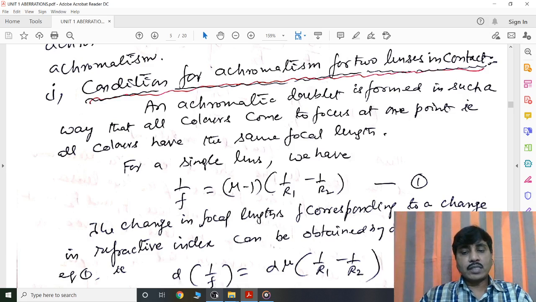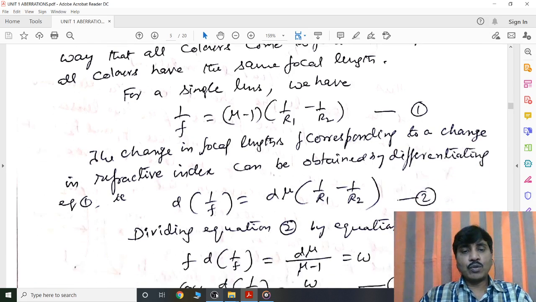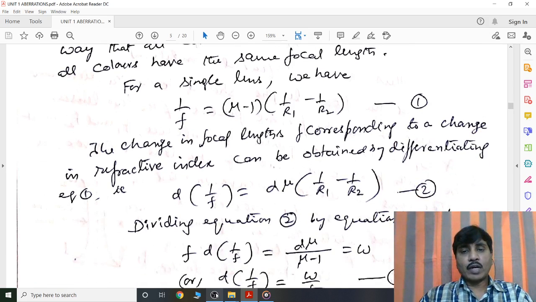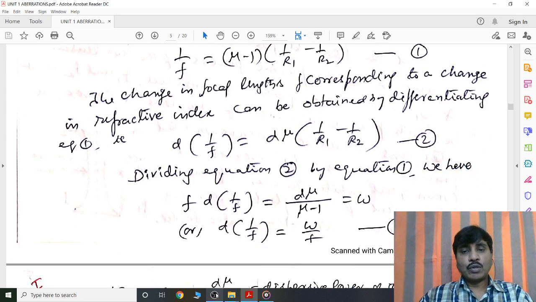For a single lens, we have 1 by f is equal to (mu minus 1) into (1 by r1 minus 1 by r2). This is called the Lensmaker's formula. The change in focal length for corresponding change in refractive index can be obtained by differentiating equation 1. That is, d of 1 by f is equal to d mu into (1 by r1 minus 1 by r2).